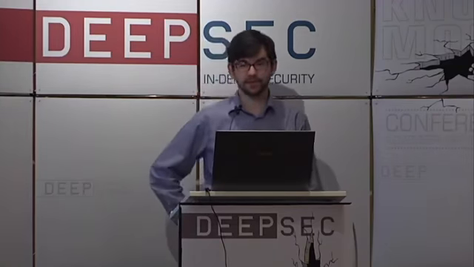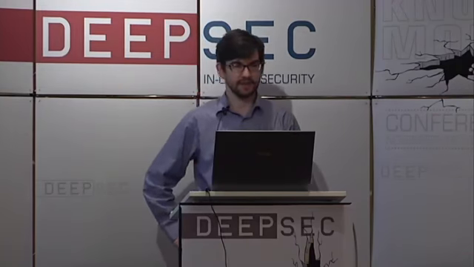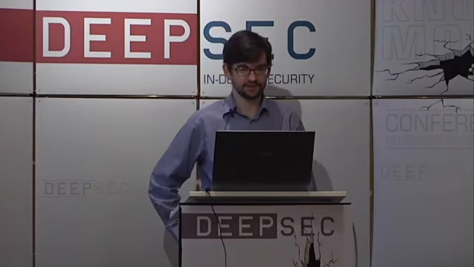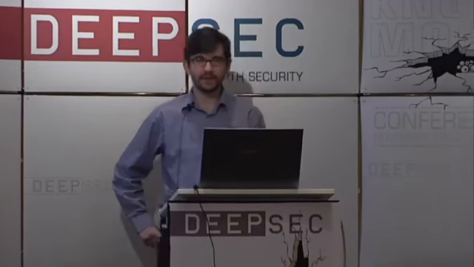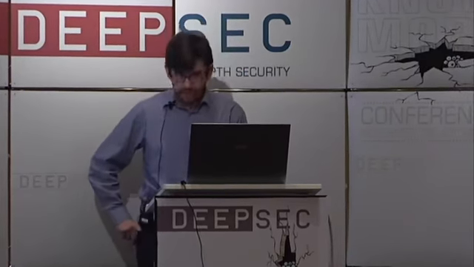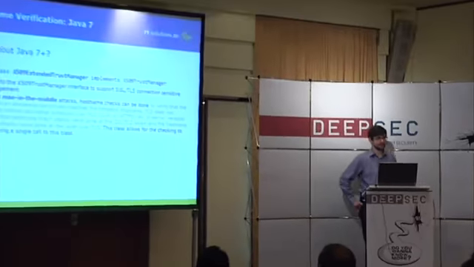In the Java version 7, the developers came up with another interesting API. They created their own X509 extended trust manager. And it is basically an improved version that adds man-in-the-middle attack prevention.